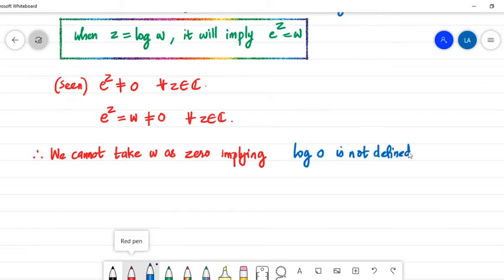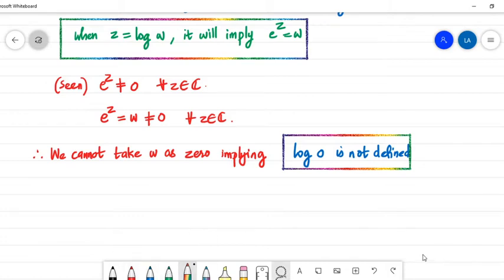Why? Because e raised to z can never be 0, that means w cannot be 0. That means log 0 is never defined. That is yet another important basic fact about log z.